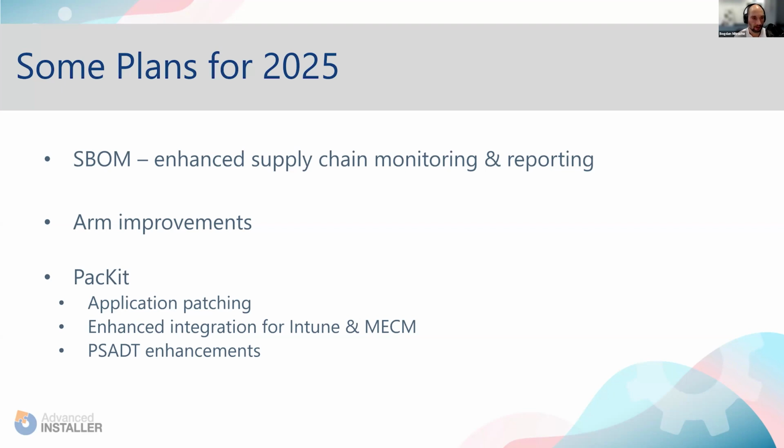And it should also increase the trust of your customers in the solution and security standard practices that you apply for your tool. So this is something that's currently in R&D and will probably be released in the first part of 2025. As I've said, we're continuing our ARM improvements.